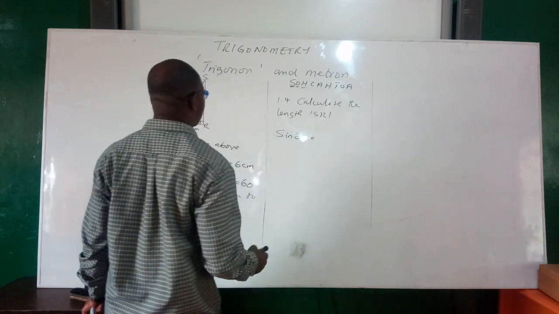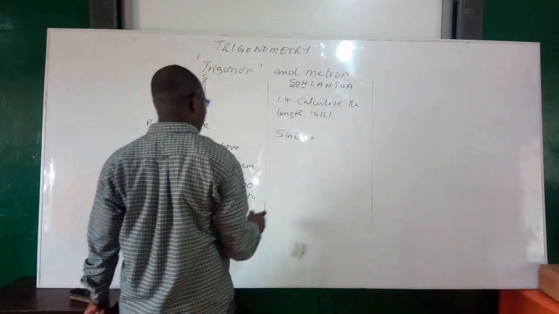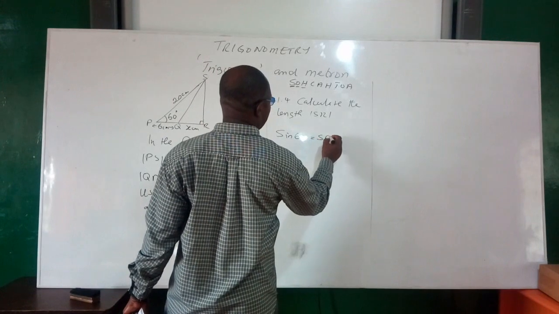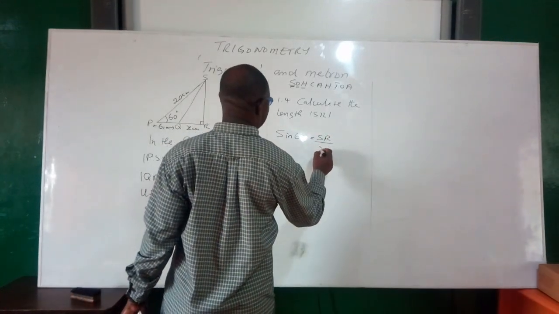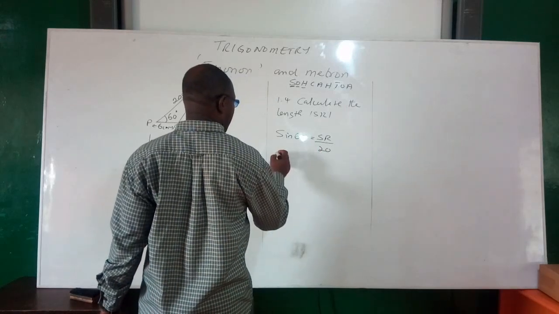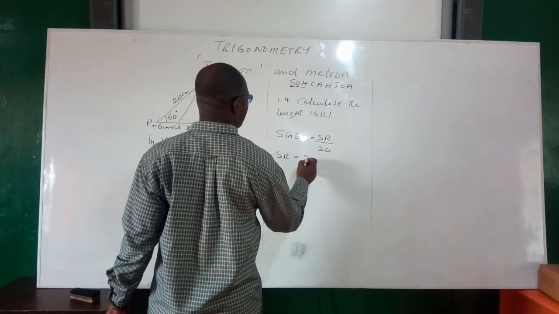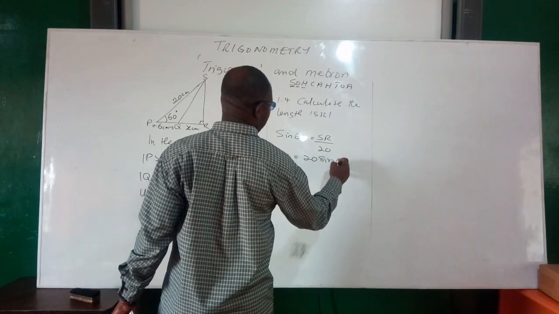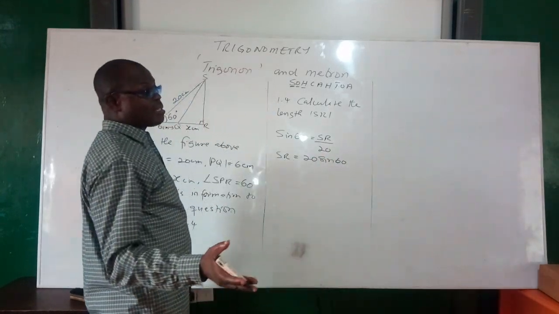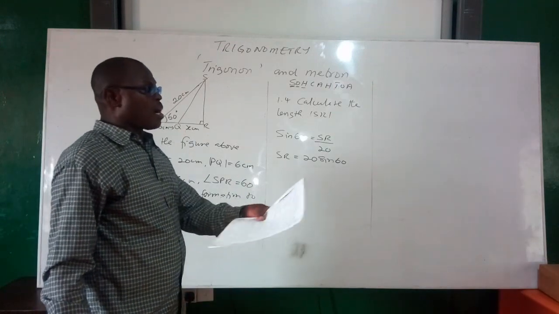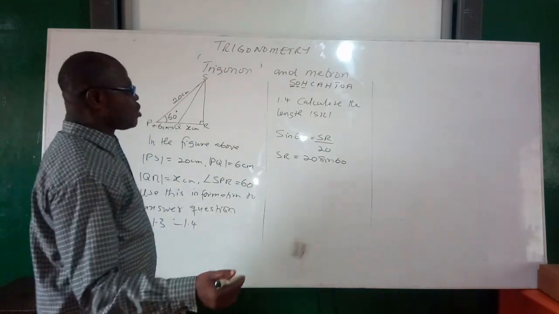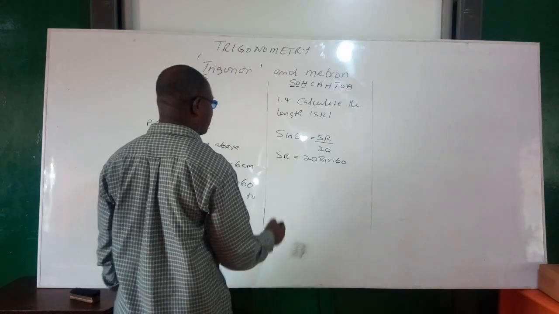Therefore, we say that sine 60 is equal to opposite. Opposite is the SR we have been told to find. SR is equal to hypotenuse, which is 20. Therefore, SR is simply going to be 20 sine 60. In a revision class, clicking this on your calculators is very simple. So multiply 20 by sine 60.